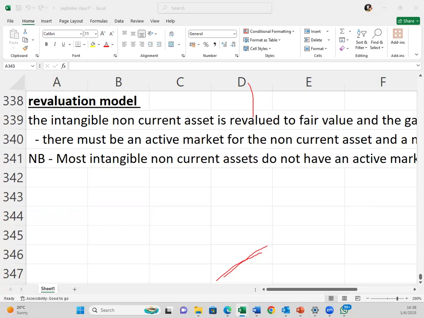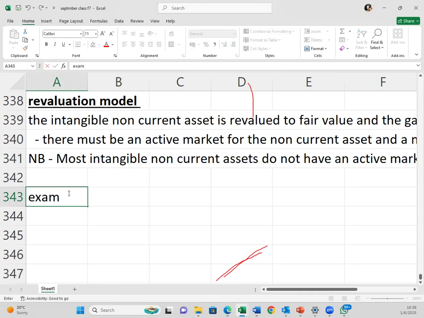So let's have examples of others. We've said inherent goodwill is an internally generated non-current asset. I think we can also add on. This can come as a multiple choice question, so you need to know these ones are not capitalized, they're internally generated.